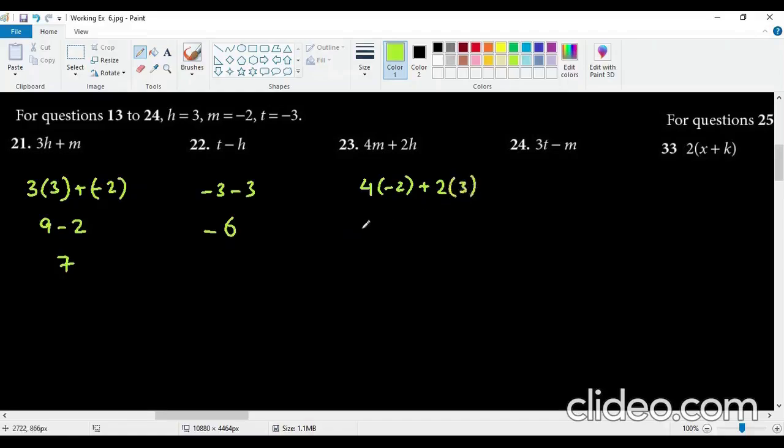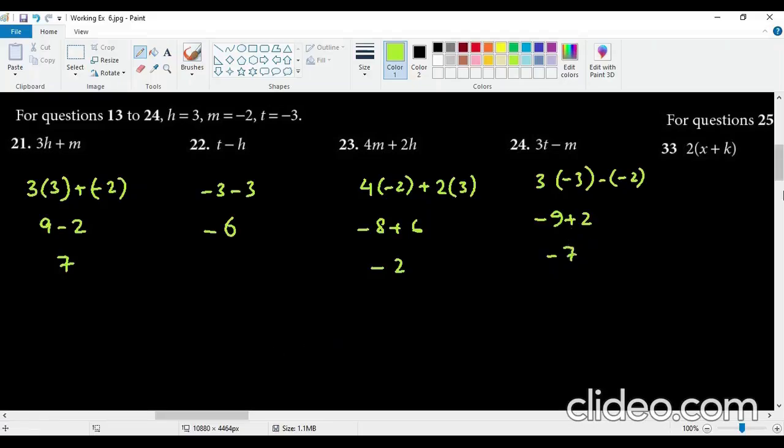That means this gives you negative 8 plus 6, so negative 2 is going to be your final answer. 3 times t, which is negative 3, minus m, which is negative 2. So this gives you minus 9 plus 2, which is going to give you negative 7.